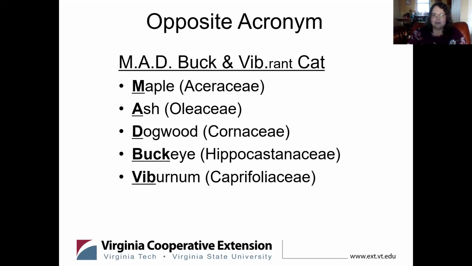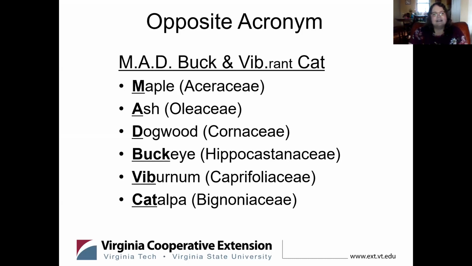Vibrant is Viburnum, and that's Caprifoliaceae. The honeysuckles are in that family also, with viburnums. And then cat comes from Catalpa, and that is native to the eastern United States, and that is in the Bignoniaceae family. So MAD BUCK and VIBRANT CAT.